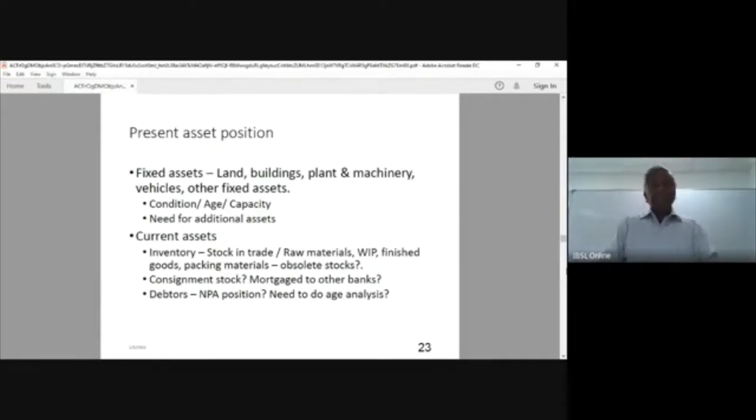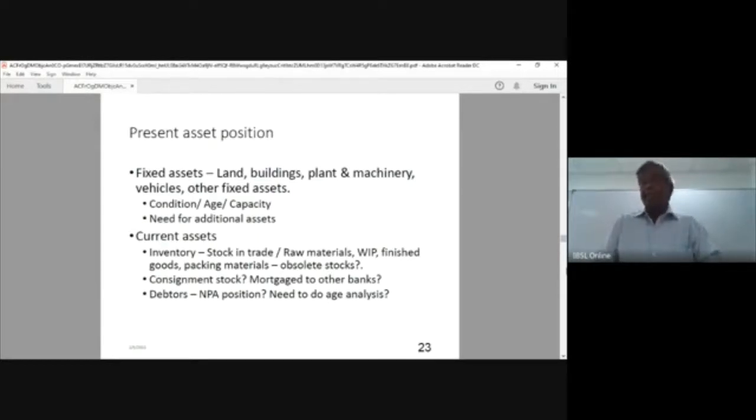Then consignment stock. You have to look for those stocks. You are looking at the current assets, stocks, inventory or stock in trade. Whether there is consignment stock. Consignment stock is when the supplier gives the stock to the customer: you sell and pay. You sell the goods and then pay. When you look, there may be consignment stock.